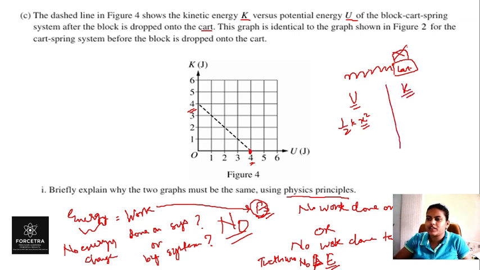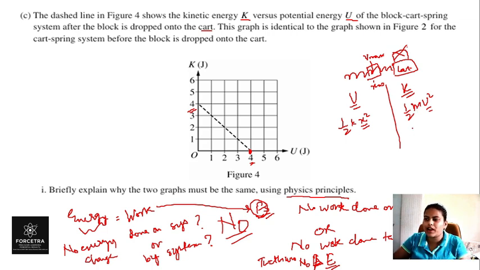When this system is at x equal to 0, it would have V max. Half mv squared: V max is the same, so the velocity achieved would be the same with the cart and block there. But now we have to consider the system to be only the cart.